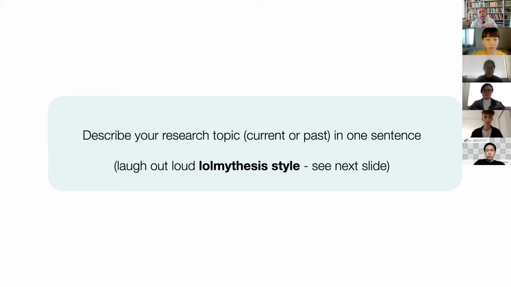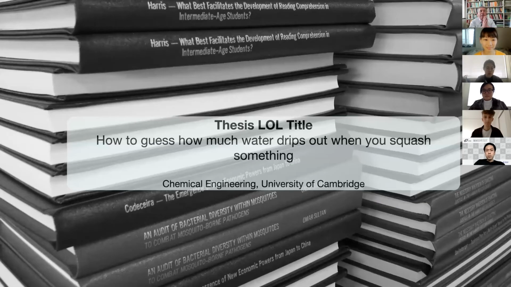There is a style of talking about research, which is called LOL my thesis. I don't know if you've heard of it. It's a laugh out loud, my thesis. What it's trying to do is make your research topic more accessible to other people. So for instance, this is just an example from Cambridge University: how to guess how much water drips out when you squash something.